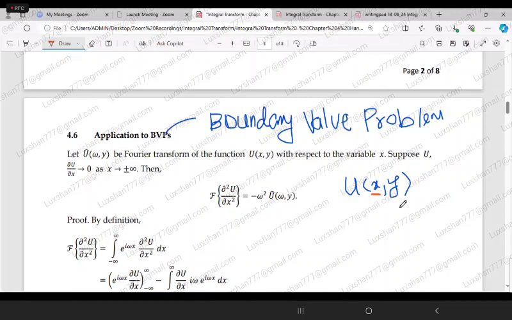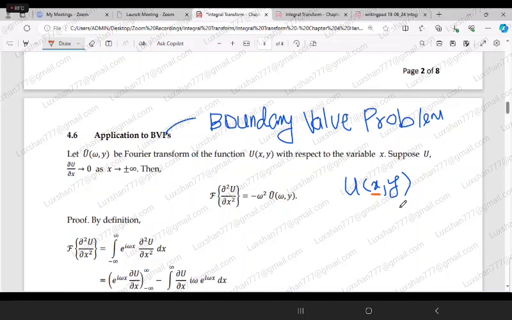You can remember in Laplace also, we took the Laplace transform with respect to the variable t. Here we cannot have Laplace and Fourier transforms together, in the sense that we can consider only one variable at a time. Therefore, here we are going to consider this one.